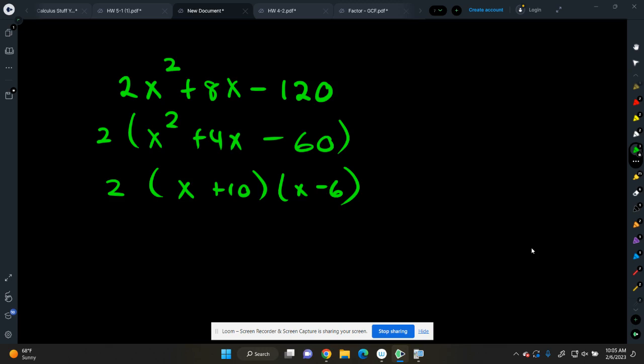Oh, here we go. This is a good one. Let's do 4x squared minus 36x plus 56.